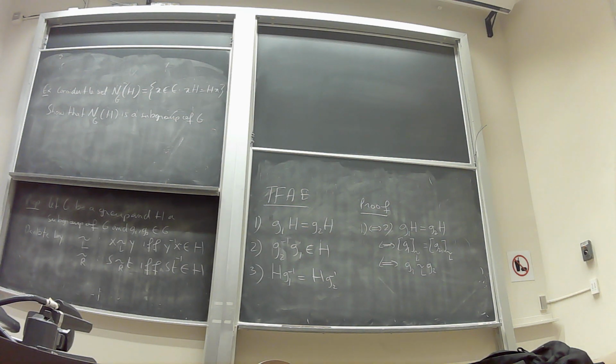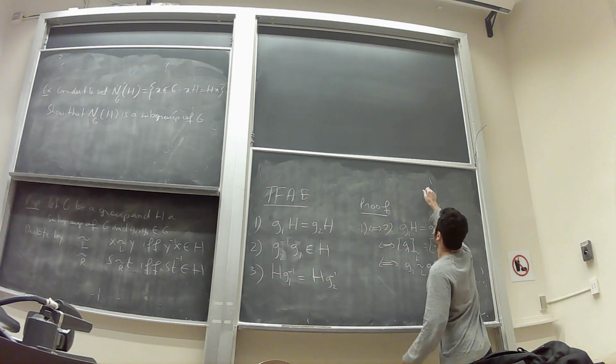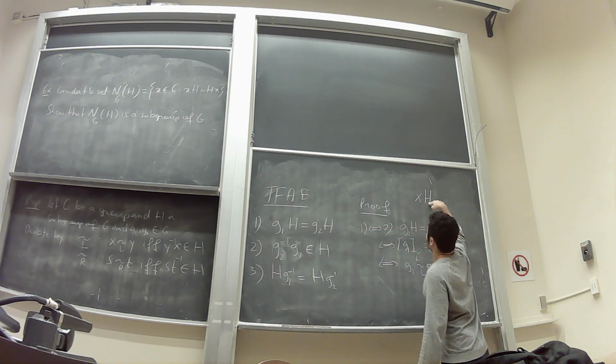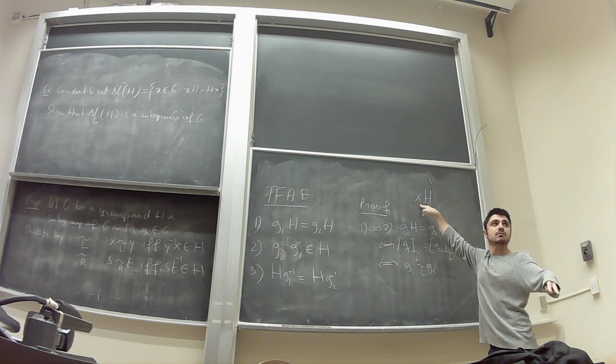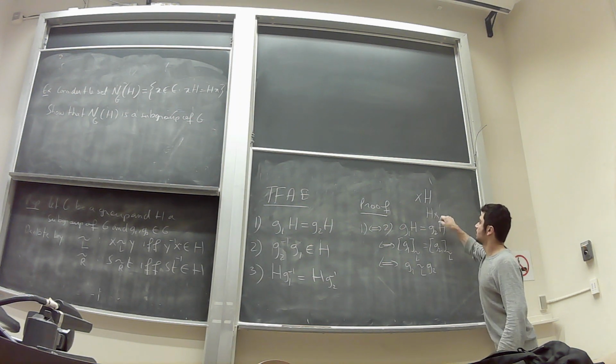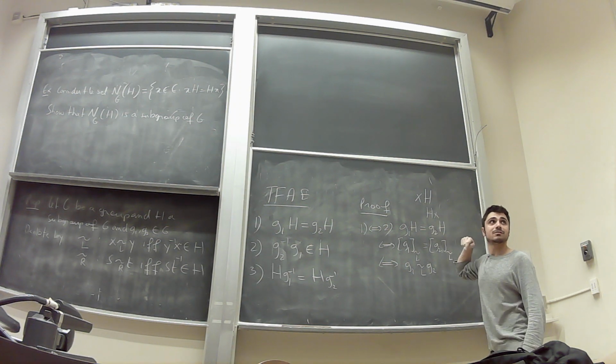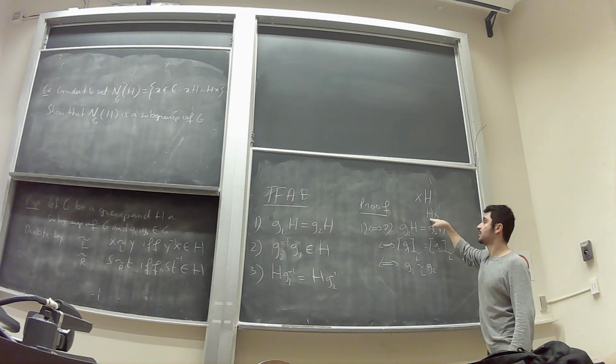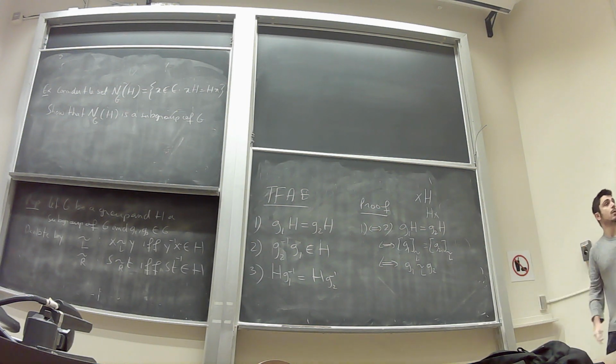Yes, sir? Left coset, you just multiply everything of H on the left. On the right, just multiply everything on the right. Okay? You multiply all the elements of H by X on the right. Yes, sir? How can you go from an equivalence relation to a coset?